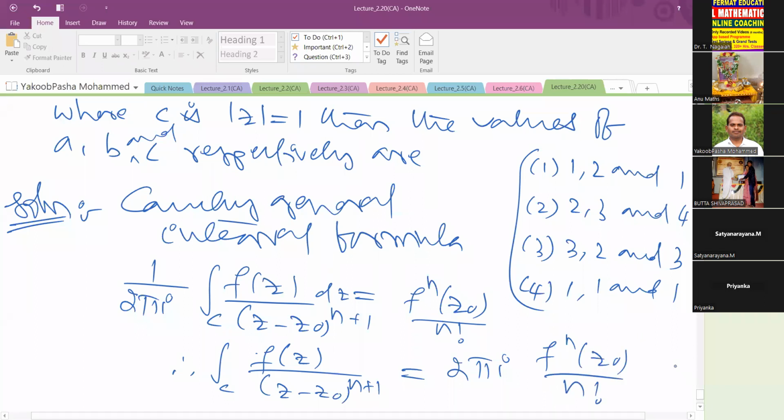This is the rearranged definition of the Cauchy general integral formula.